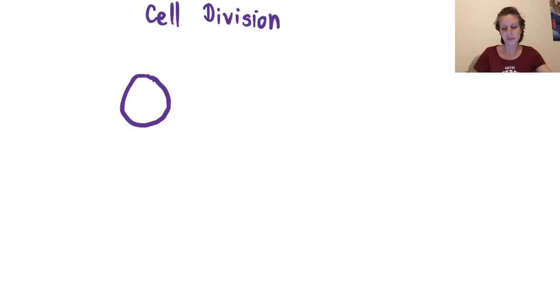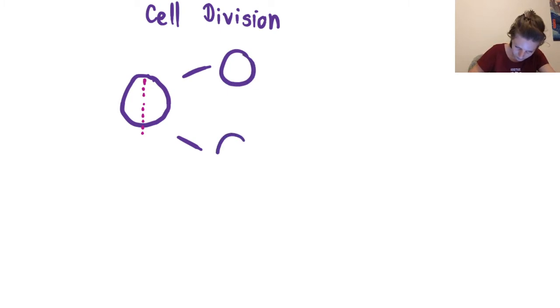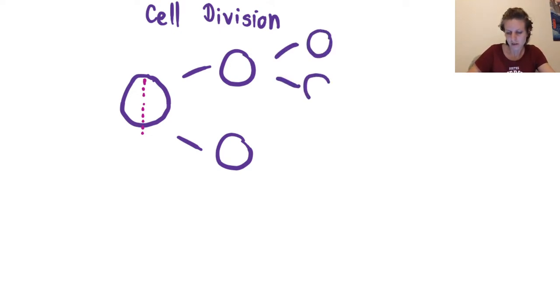So how does it happen? You have one mother cell that splits in two, and then we get two cells, which after a while also split themselves, which gives two cells each one of them.